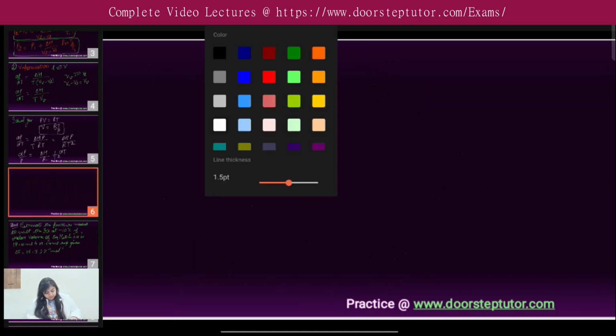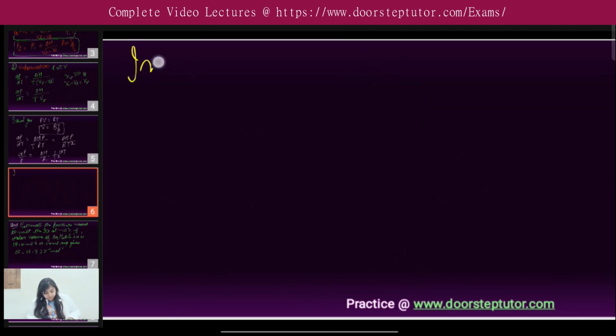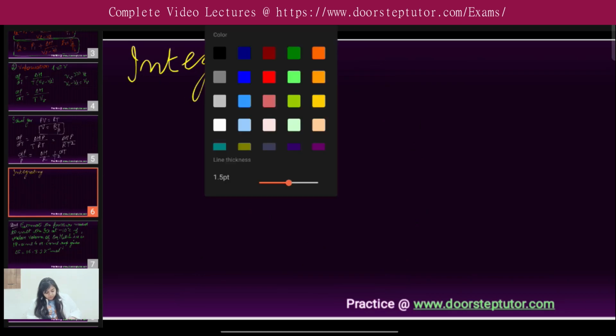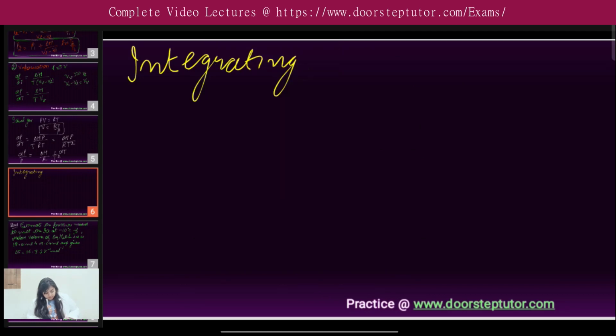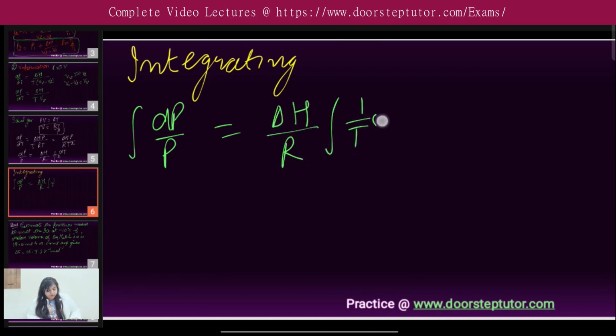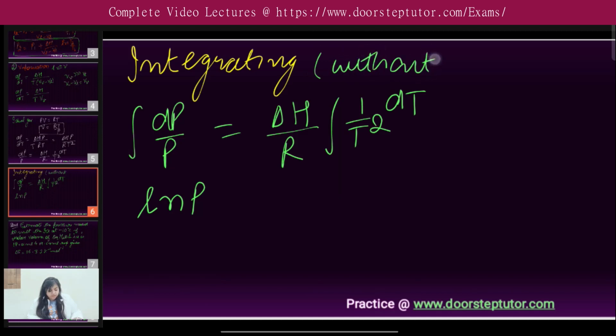So now integrating this, the integration of dP by P is equal to delta H upon R into the integration of 1 by T square into dT. So integral of 1 by P dP will be equal to ln of P. Firstly, we are integrating without the limits.